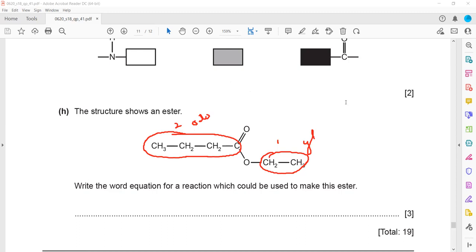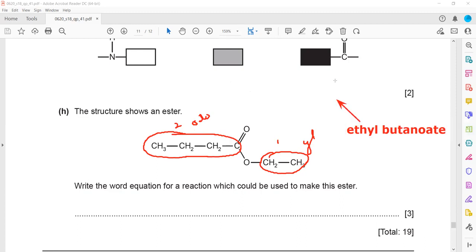So what is the name of this ester? 2 carbon atoms, so ethyl. This is the first part, and then 4 carbon atoms, including this one: 1, 2, 3, 4. So it is butanoate. So it is ethyl butanoate, and ethyl butanoate is an ester.